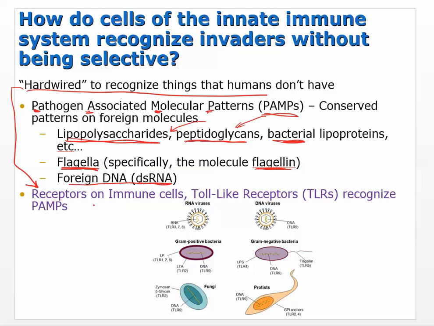Now, how do we do this? Our immune cells have things that are called toll-like receptors. They're named after a toll receptor, was something that was found in a fruit fly, and so these are similar to those receptors, and they serve the same function, so we call them toll-like receptors. So TLRs, wherever the name came from, that's the name we're stuck with. So TLRs are the things that recognize PAMPs, and these are made by you.